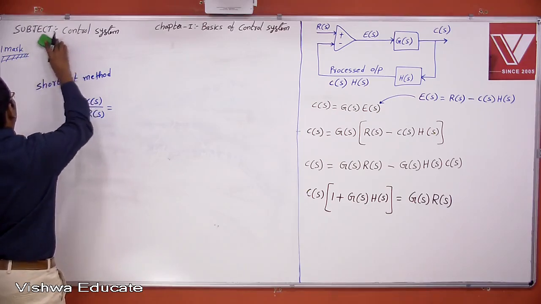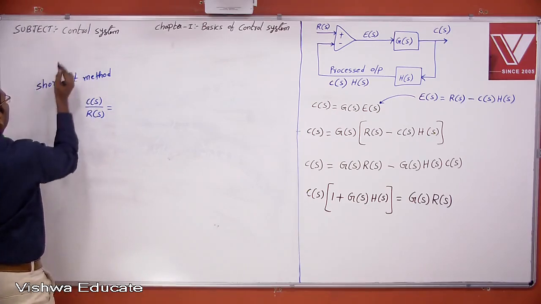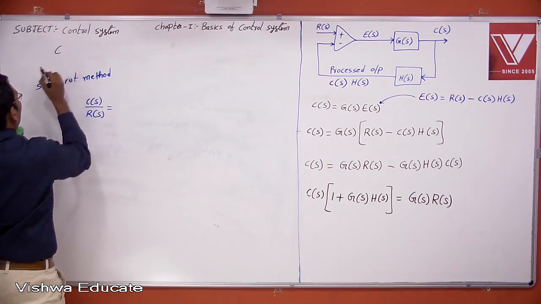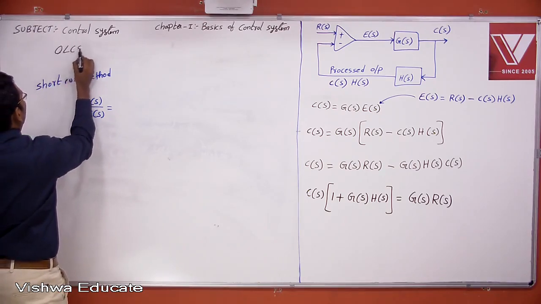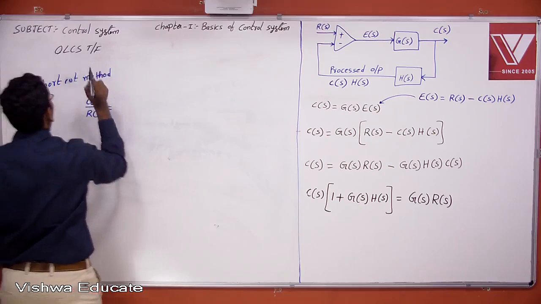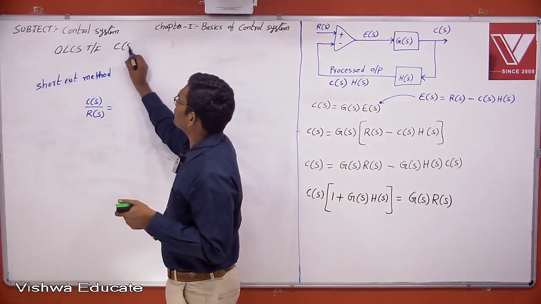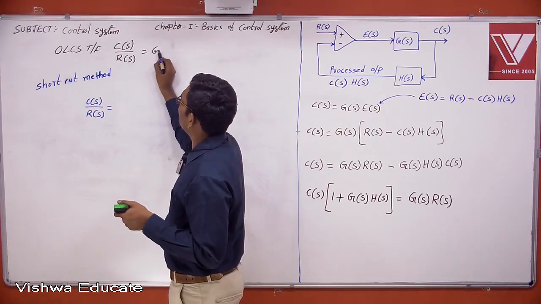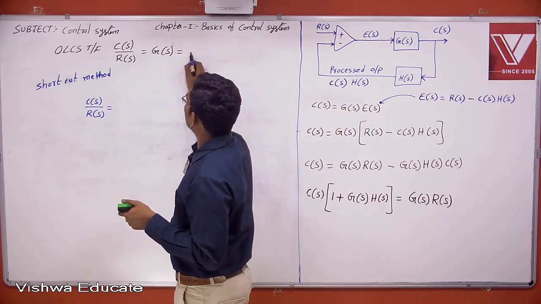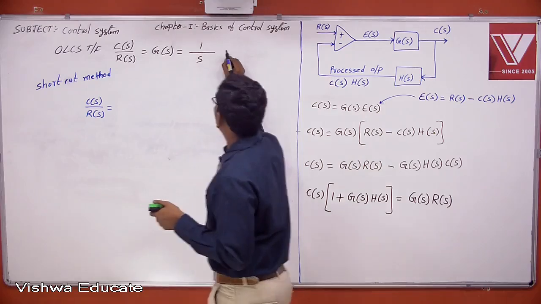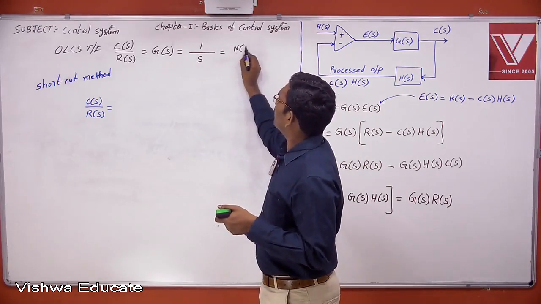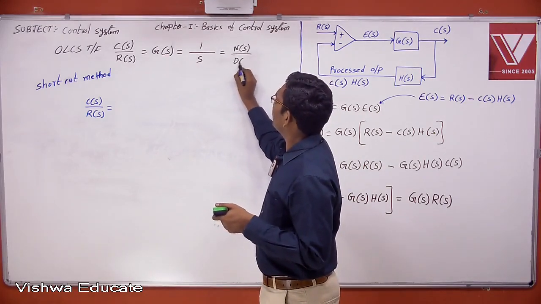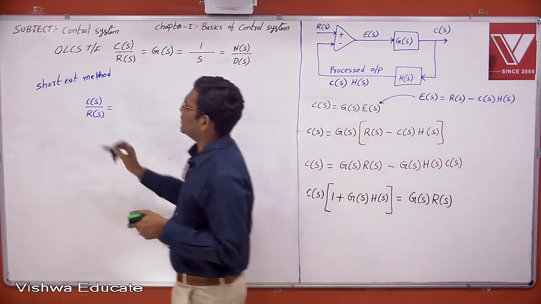Let us take an example. The open loop control system transfer function is given. What is the open loop transfer function? C of s by R of s, which is equal to G of s, which is equal to 1 by s. This is the numerator polynomial. This is the denominator polynomial.